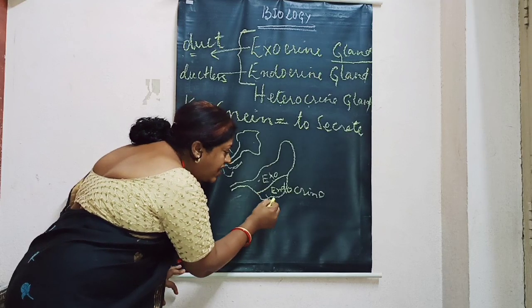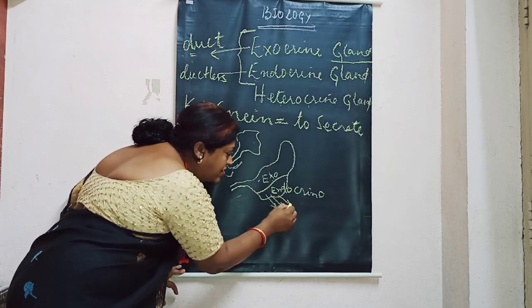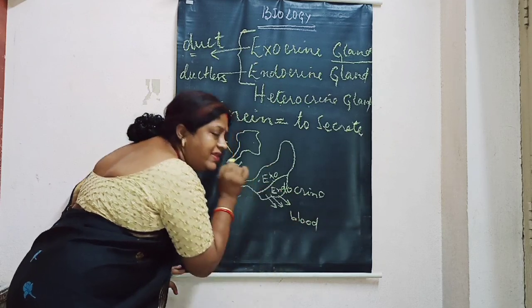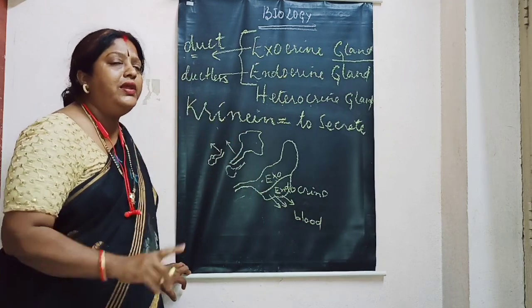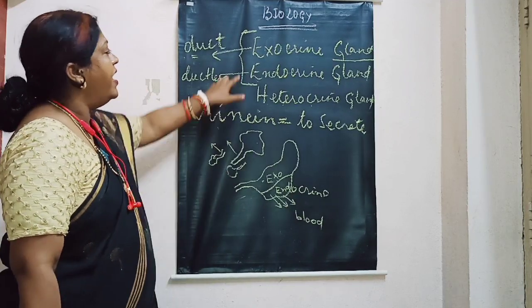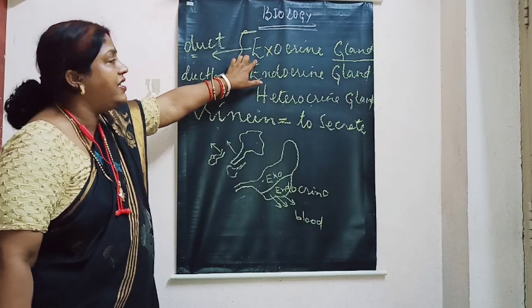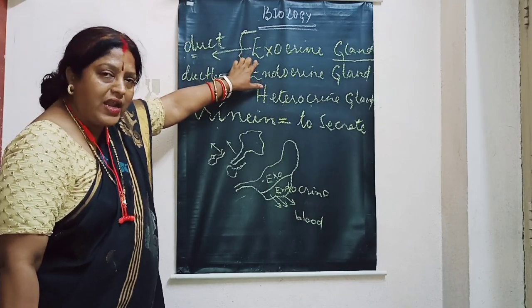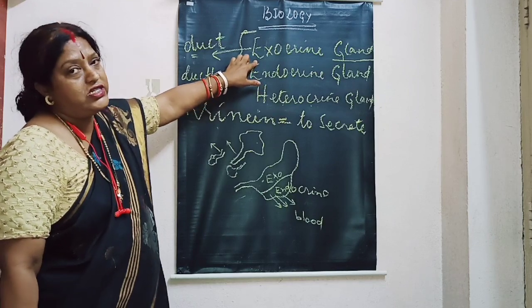Endocrine glands release their secretion or chemical substances directly into the blood, and this blood acts as the medium of transport for hormones. Exocrine glands secrete enzymes and are associated with the digestive system.